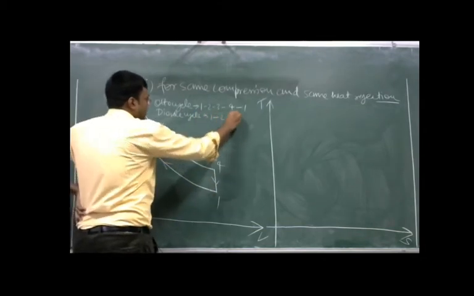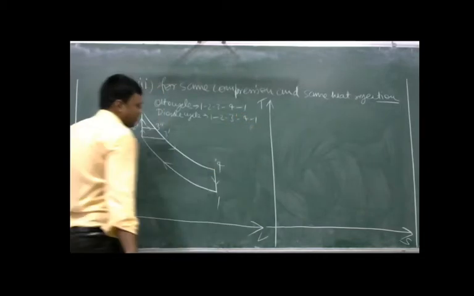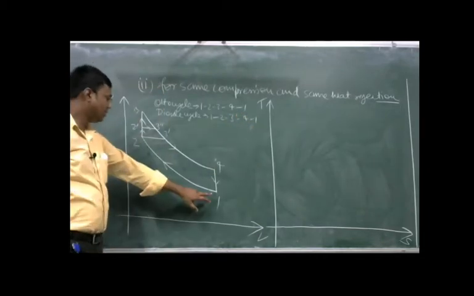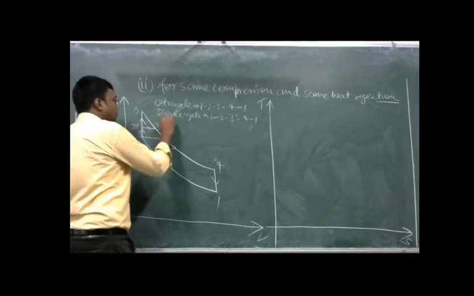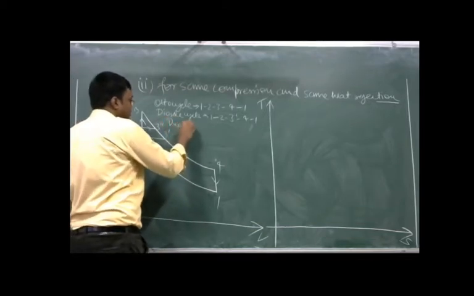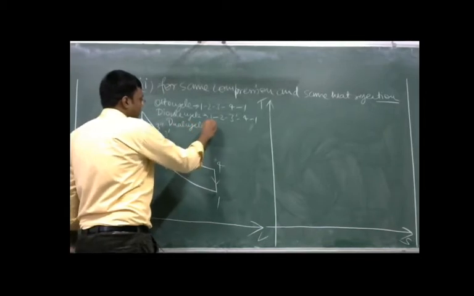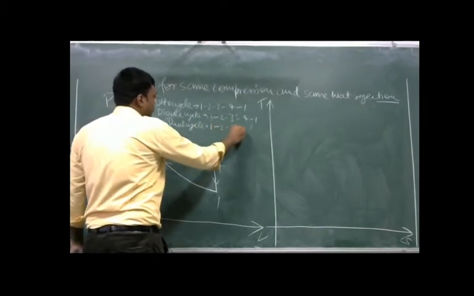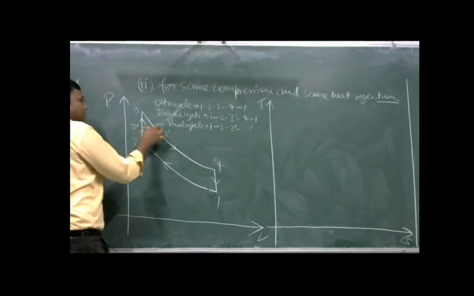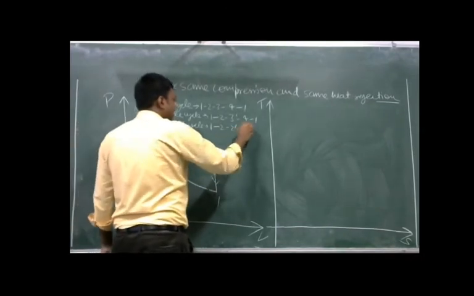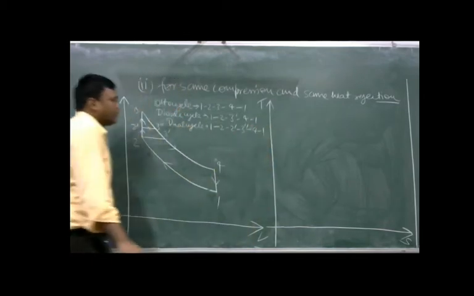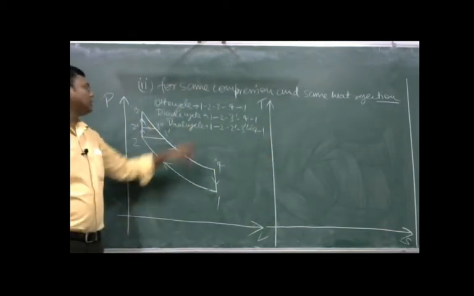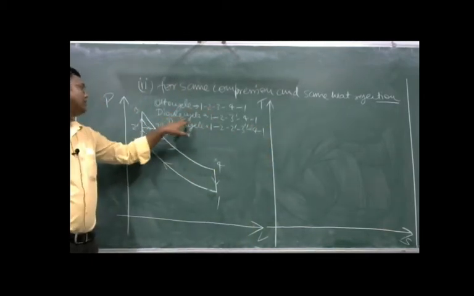And dual cycle 1 2 2 dash 3 double dash 4 1. So these are all these three cycles: Otto cycle, diesel cycle and dual cycle.